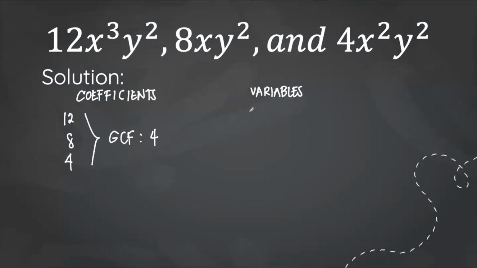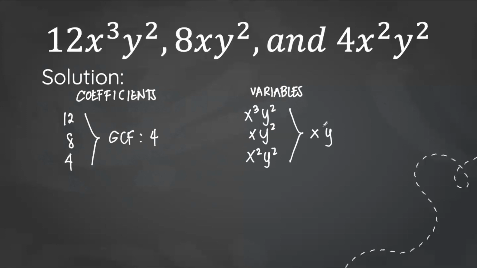The variables are x cubed y squared, xy squared, and x squared y squared. First, identify the shared variables. The shared variables in all the polynomials are x and y. The lowest exponent for the variable x is 1.